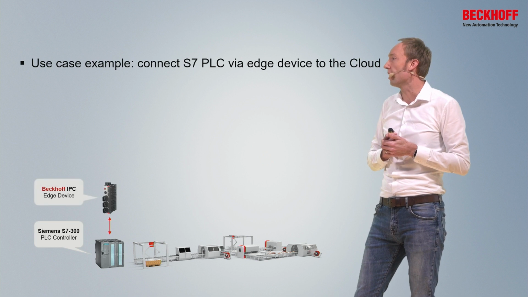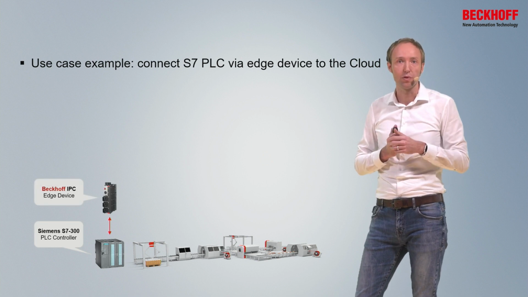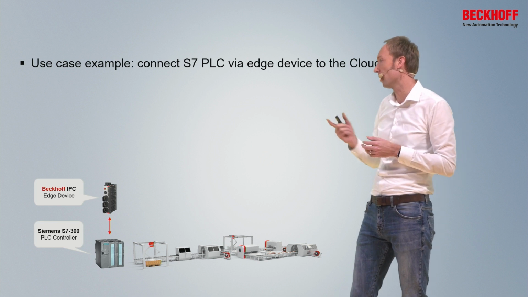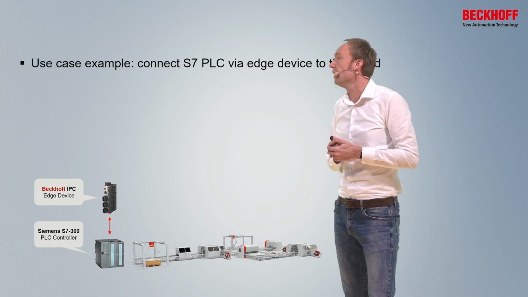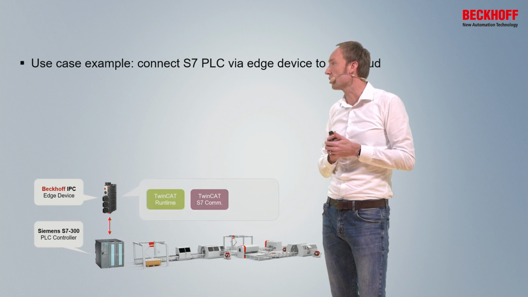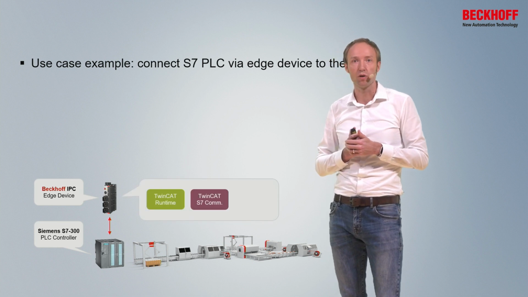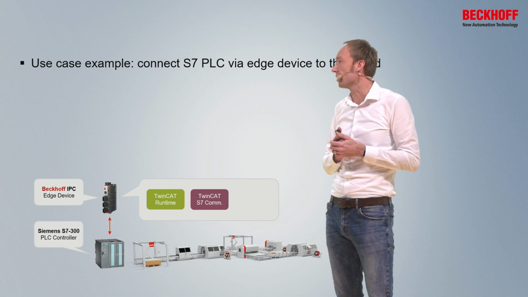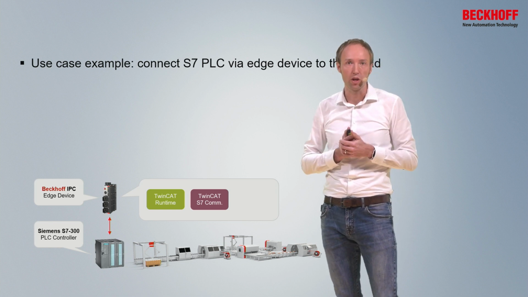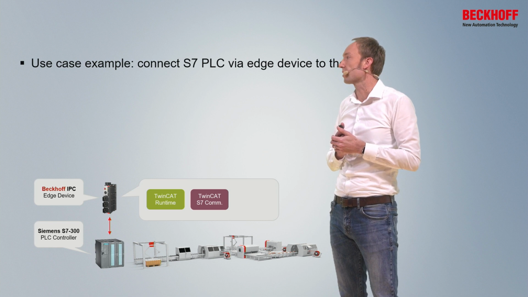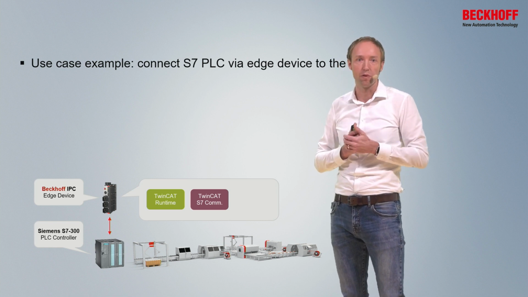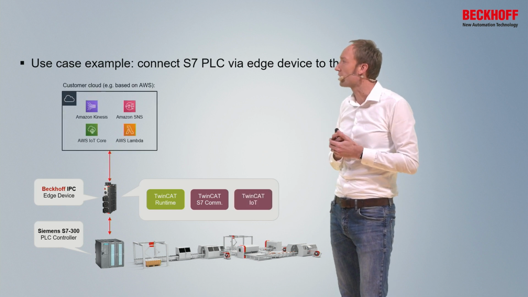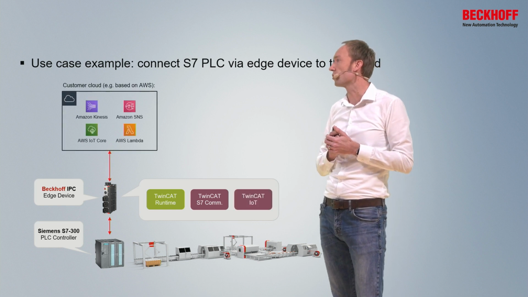And then we place our edge device in front of it. Of course, it is a Beckhoff industrial PC as an edge device, for example, our C7025. And then inside of this edge device, we have our TwinCAT products running, for example, the PLC runtime that aggregates the data, and our TwinCAT S7 communication product that is getting and acquiring the data from the S7 CPU. And then on top of that, we use our TwinCAT IoT product in order to connect the data to the cloud.